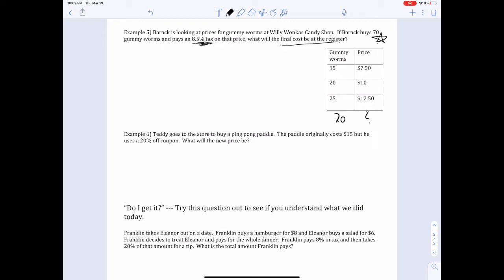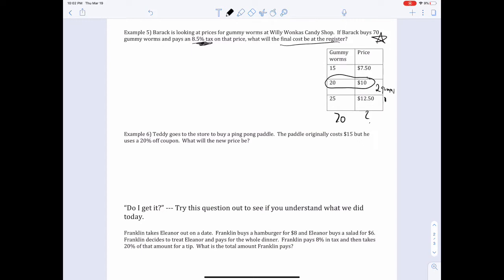Now, in math, it's kind of like, if I know I need to find out one thing, go find that thing out. What's the price going to be for 70? Well, if you look at this one here, remember proportional stuff? 2 gummy worms is $1.